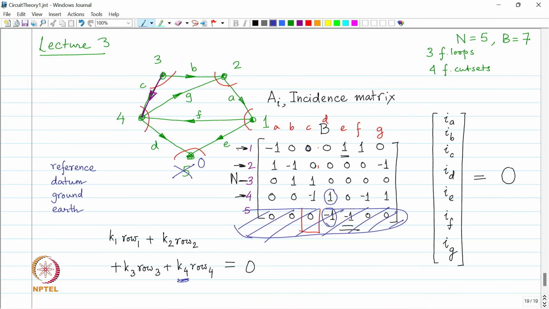Look at this one, all right. This one is balanced by a single minus 1 on the bottom row, correct. And therefore, if I need this sum to be equal to 0, then k 1 has to be equal to 0, there is no other way, and there you go, right. There is no way to choose k 1, k 2, k 3, k 4 such that they are not all equal to 0 and make this true. Fine.